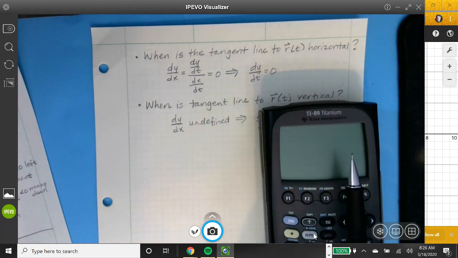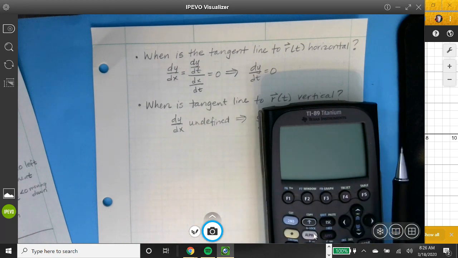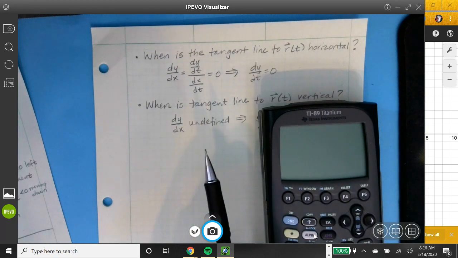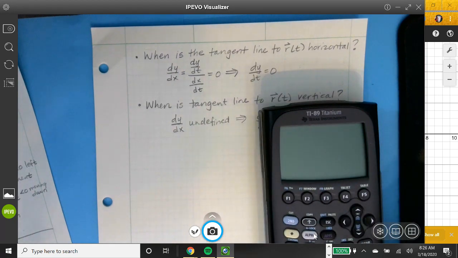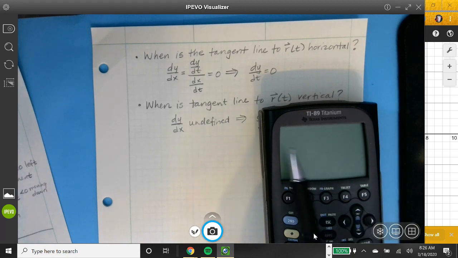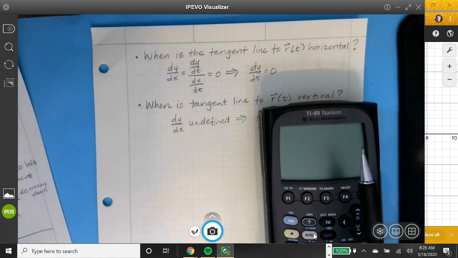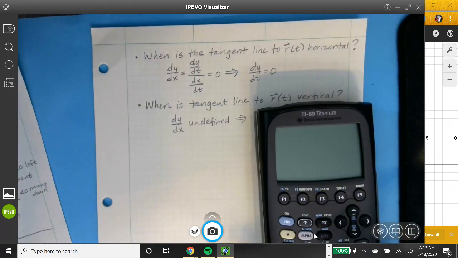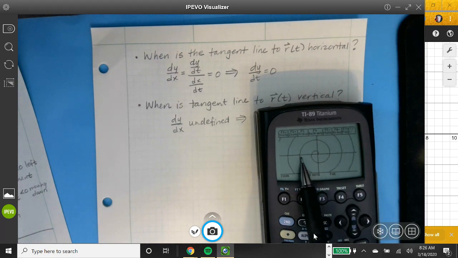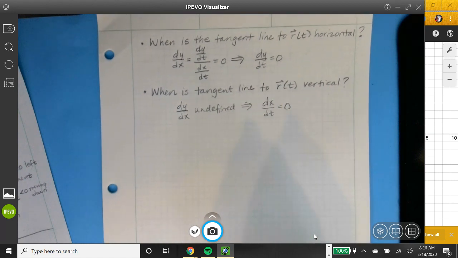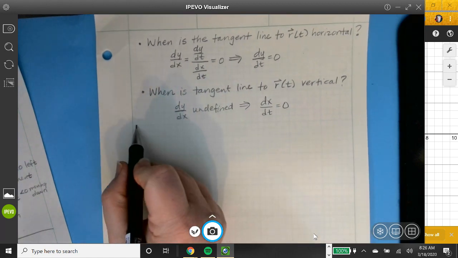Because this is a relation. You're going to have a maximum distance away from the origin in the horizontal direction. I find that very interesting, and you can find those points in time, which is pretty cool. All right. So that's an important thing to know in calculus.